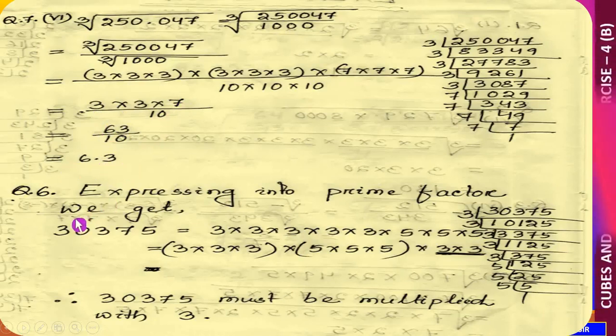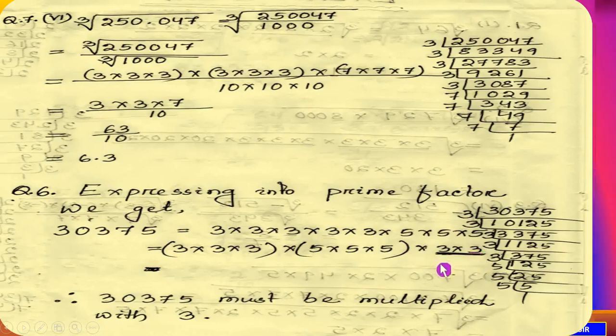Now question number 6, once again come here. Expressing into prime factors, we get 30,375 equal to, I have done here, look here, 3 into 3 into 3 one triplet, then 5 into 5 into 5 another triplet, then 3 into 3.